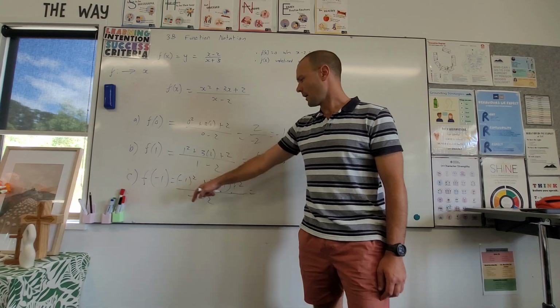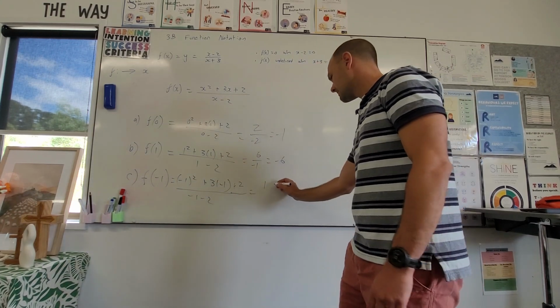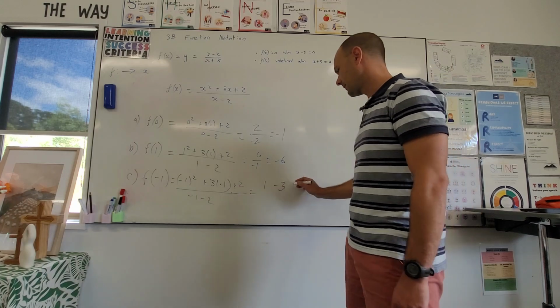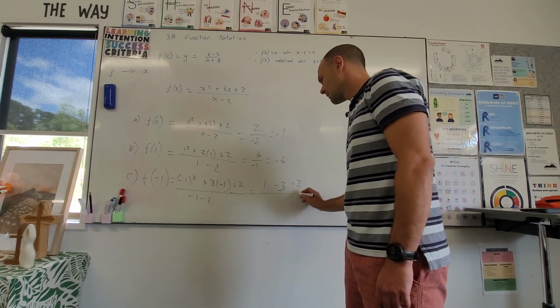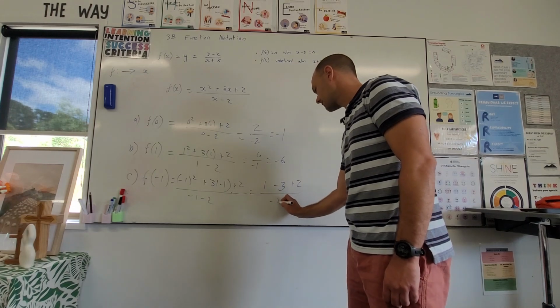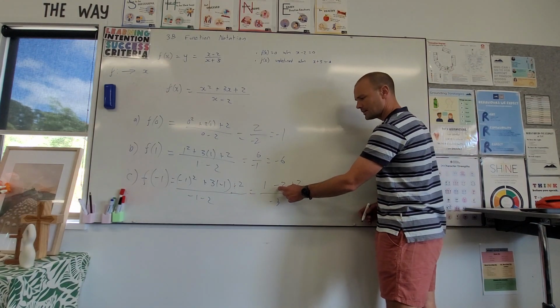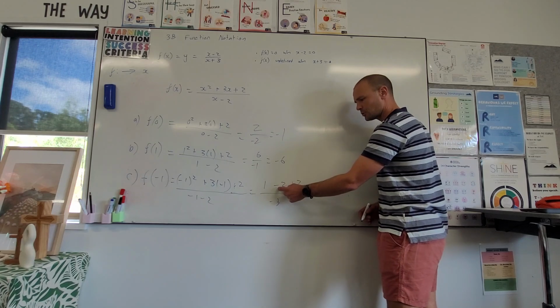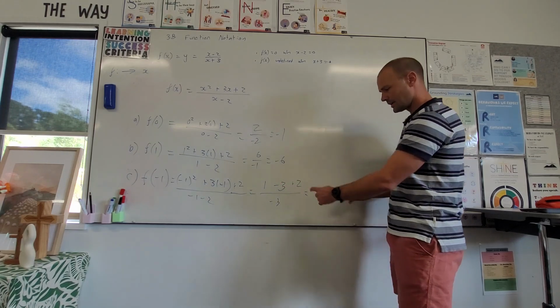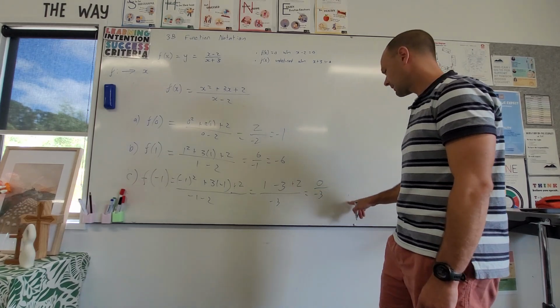Now, minus 1 squared is positive 1. 3 times minus 1 is minus 3. And we'll leave plus 2 there for now. And at the bottom, we've got minus 1 take away 2, that'll be minus 3. All we're doing is simplifying. 1 take away 3, that's going to be minus 2. Minus 2 plus 2 is 0. We have 0 at the top and minus 3 at the bottom.